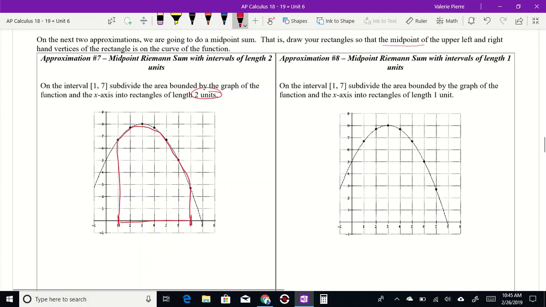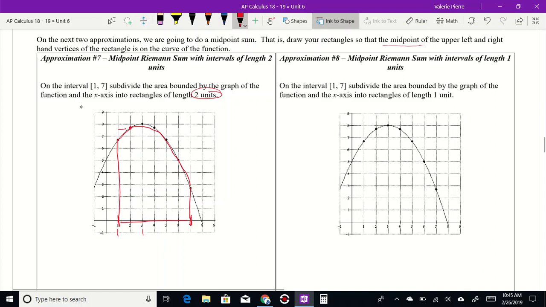Okay, so now the midpoint Riemann sum, when you draw it, can be a bit tricky, right? So since our intervals are again 2 units, I'm looking for the midpoint of these 2 units. So from 1 to 3, the middle point is 2. So 2 will be the point that is on my actual curve.